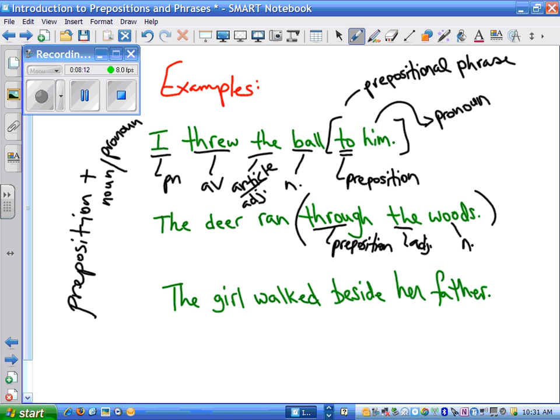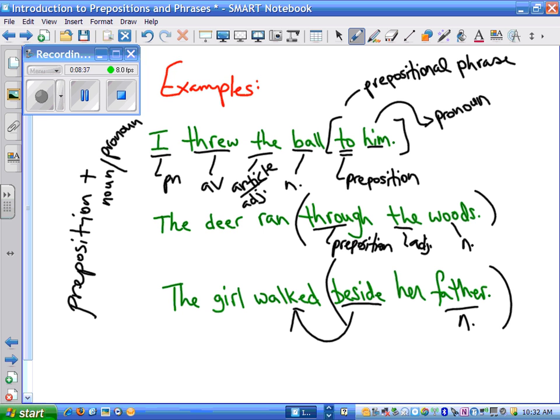The next sentence: the girl walked beside her father. Beside, showing relationship to that word. Where did the girl walk? Well, she walked beside her father. Starting my prepositional phrase. Look at this, noun, ending it. Noun, pronoun.